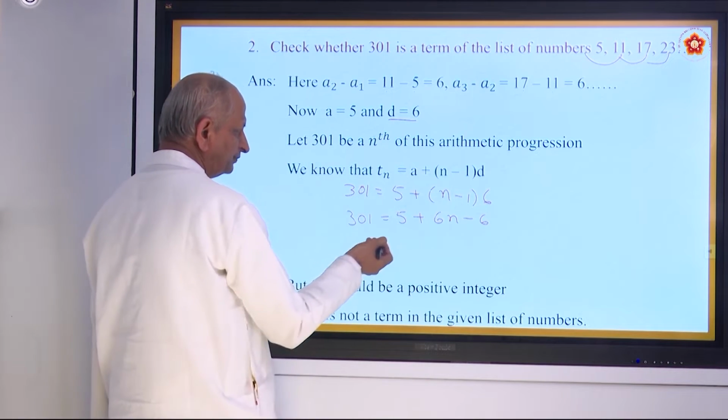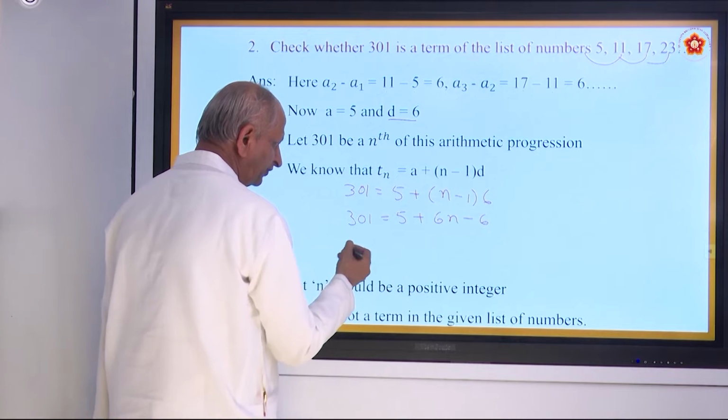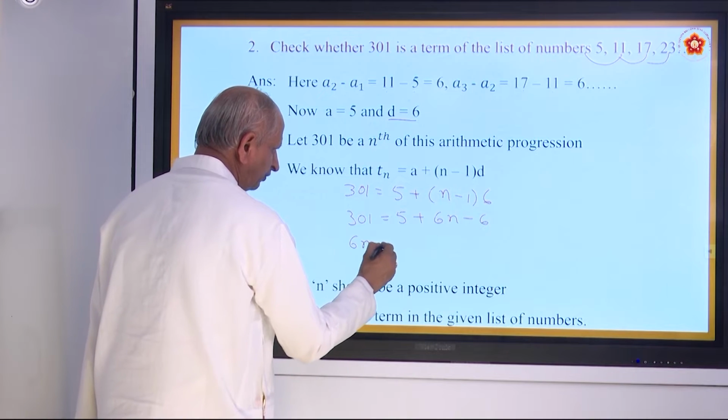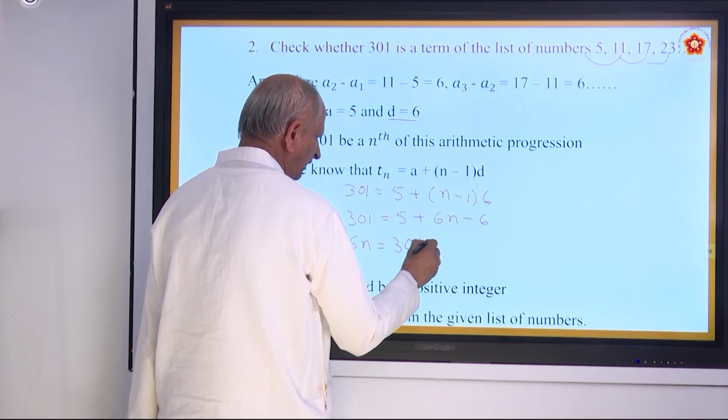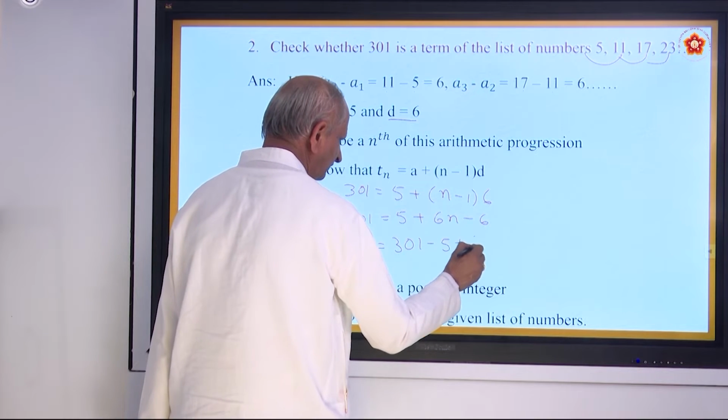Bring this 6 this side, 5 also this side, you have 6n is equal to 301 minus 5 plus 6.